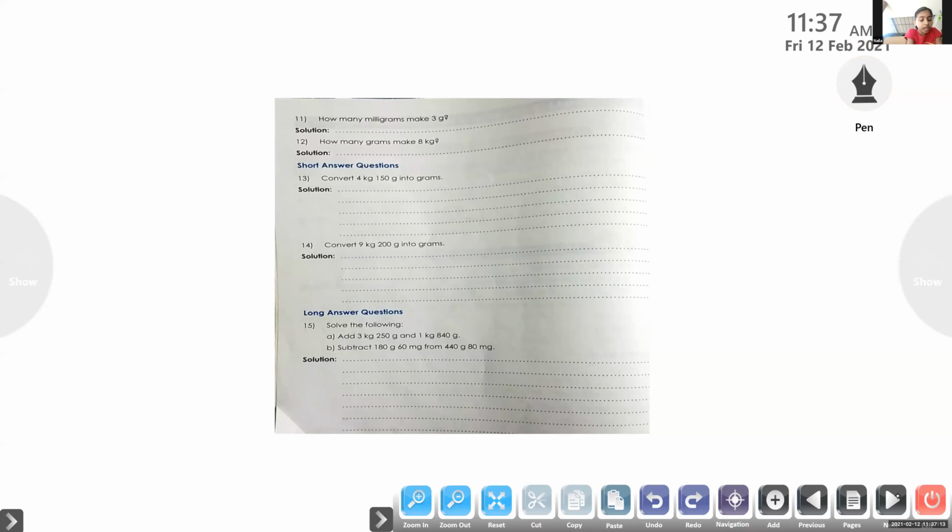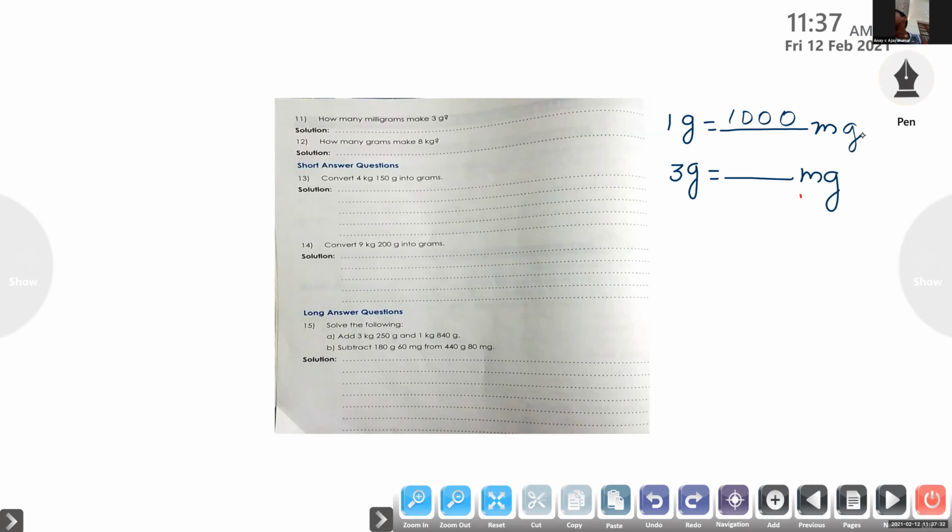So 3 grams is equal to 3000 milligram. Very good. So 3000, 3 zeros to 1000. Very good, my dear.